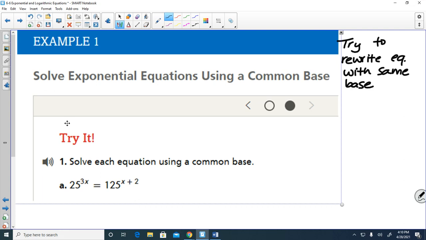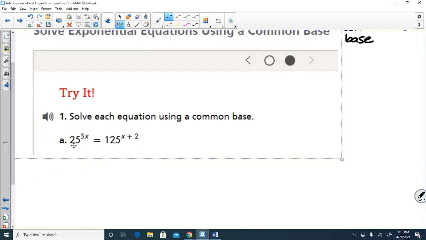So that means in this example, where I have 25 to the 3x equals 125 to the x plus 2, I want to try to write those so that this number and this number are the same. Well, right now 25 and 125 are not the same, but if I think about 25, I realize that 25 is the same as 5 to the second power, and then 125 is the same as 5 to the third power.